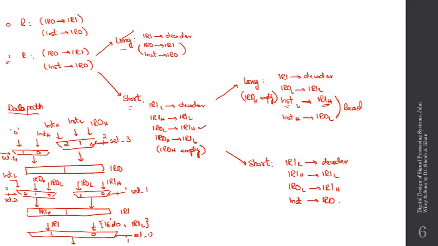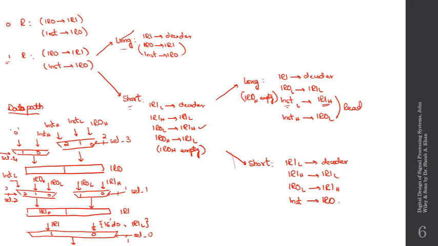Now, how this overall data path is going to work: the control unit, the FSM, will keep a check on what kind of instruction is going to be executed. On the basis of that, the values of select signals will be adjusted.